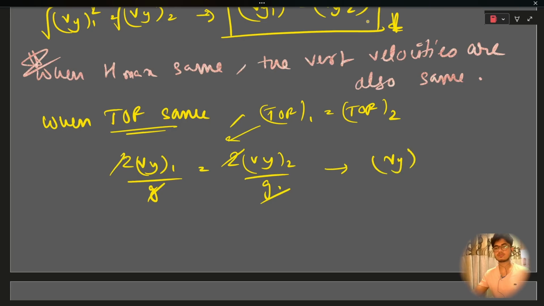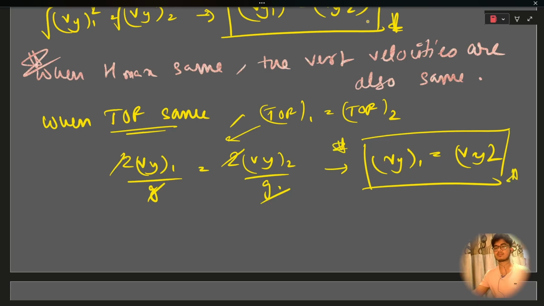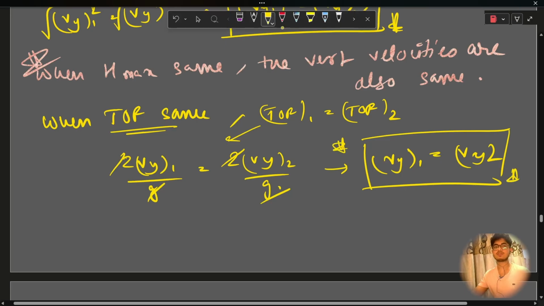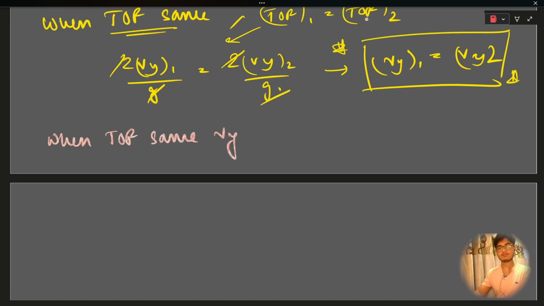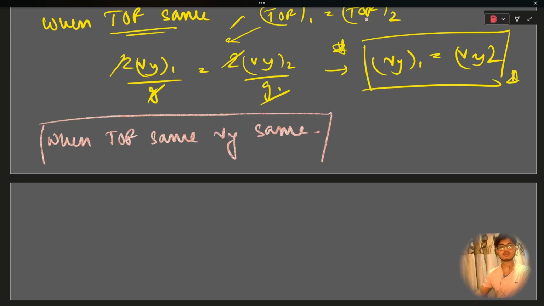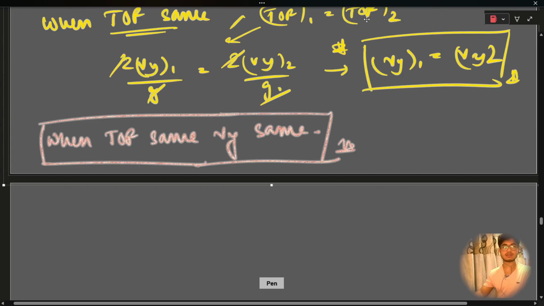Here also Vy1 equal to Vy2. Here also we can write, when TOF is the same, Vy is the same. The vertical velocity is the same. This is the same statement we wrote for maximum height.